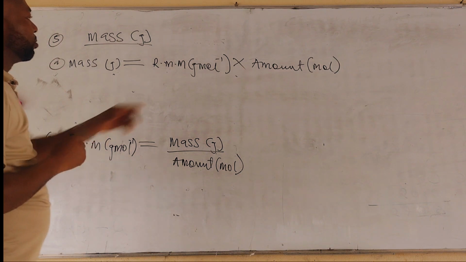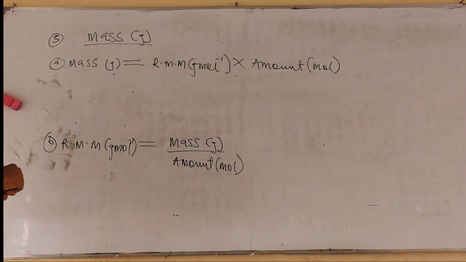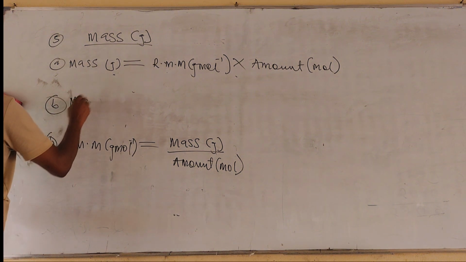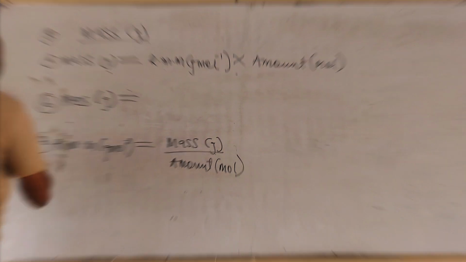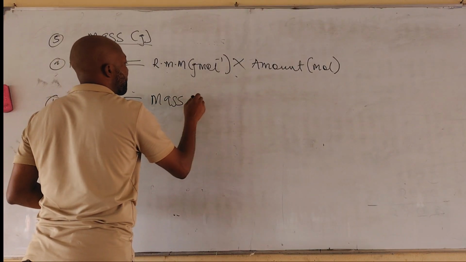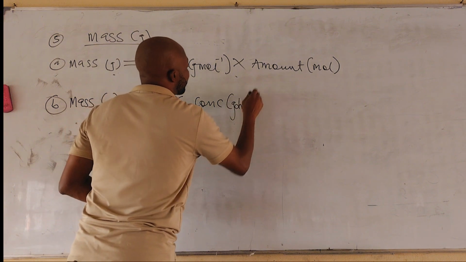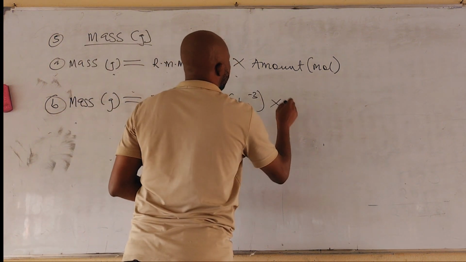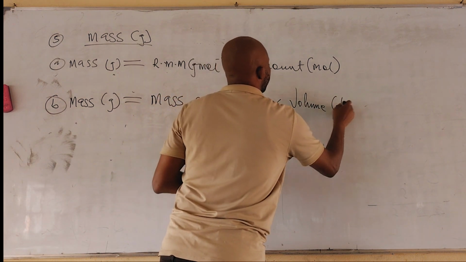So mole would strike this out, I'll be left with this. B, mass in gram is equal to mass concentration in g/dm³ times volume in dm³.